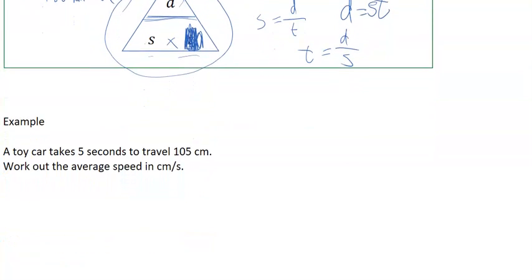Let's try an example. A toy car takes 5 seconds to travel 105 centimeters. Work out the average speed in centimeters per second. Okay, so I know my triangle: distance, speed, and time. The question gives me a time.